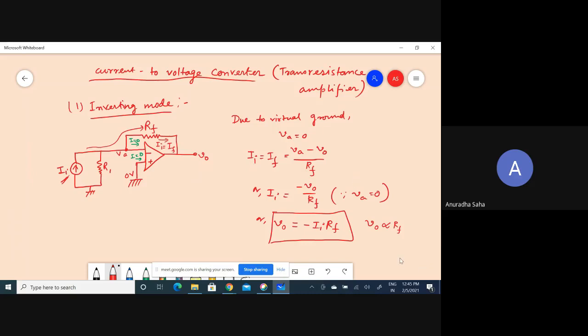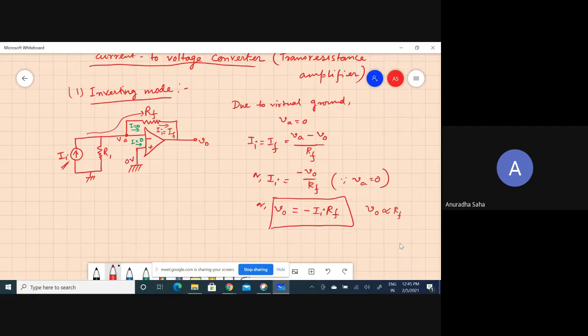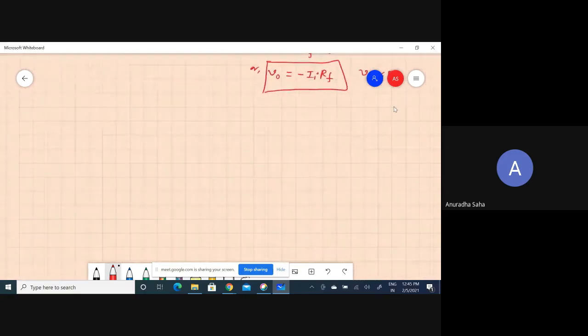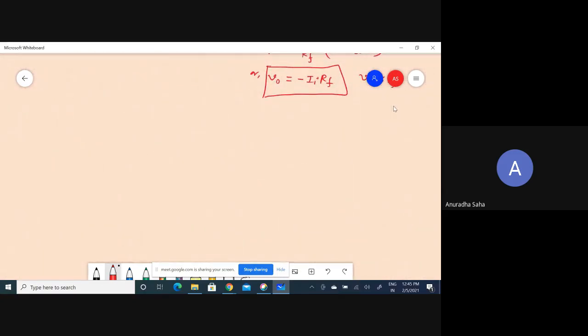Now I am going to show you the same operation, current to voltage converter, using another circuit, which is the non-inverting mode.